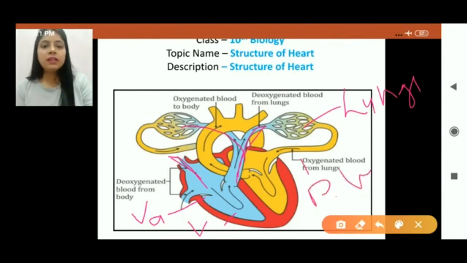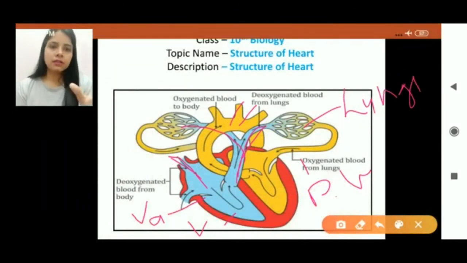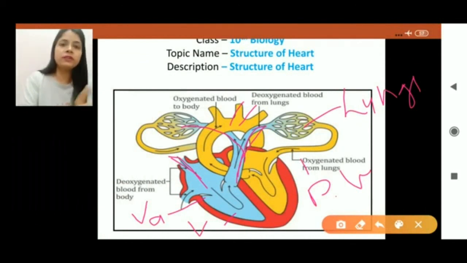The pulmonary veins pass this blood to the left atrium, and this left atrium passes it to the left ventricle. Now what does the left ventricle do? The left ventricle pumps the blood. This is the aorta. Aorta passes this whole oxygenated blood to the different parts of the body.